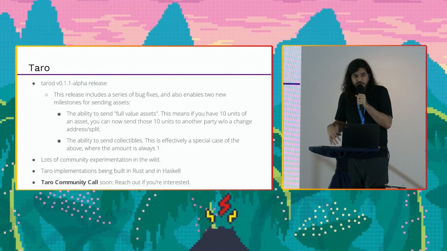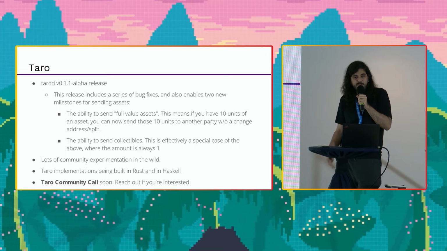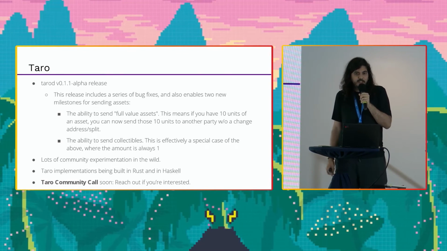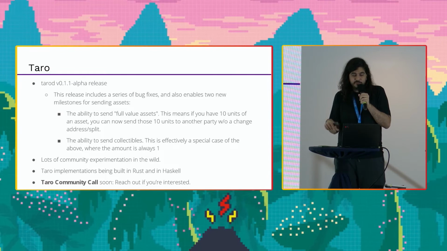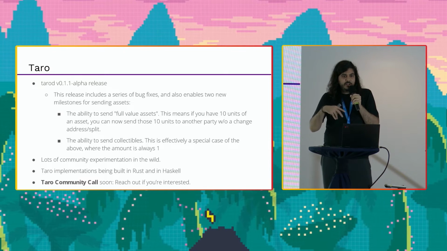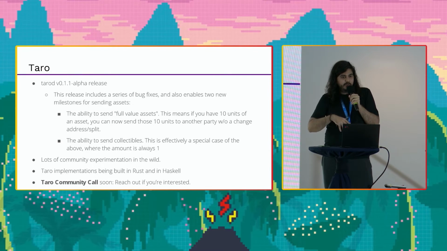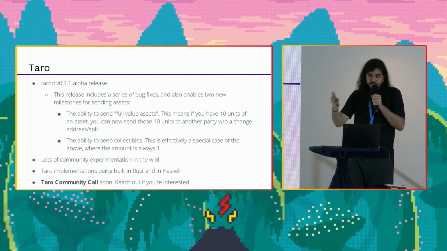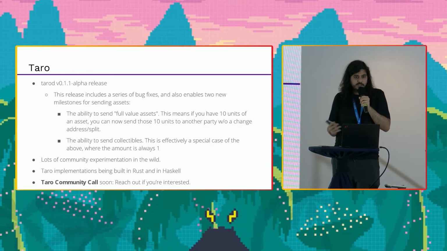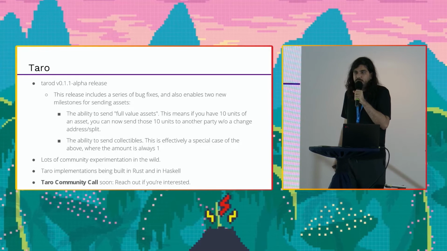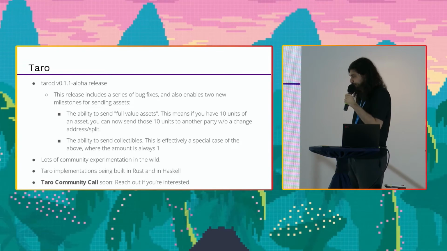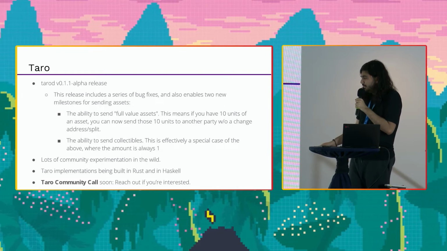Also, lots of community experiments are happening in the wild. If you go to our Slack and go to the channel Taro, you will see a bunch of people trying to create their own universes, explorers, or experimenting with wallet UIs and stuff that people will use once we have Taro on mainnet and on Lightning.